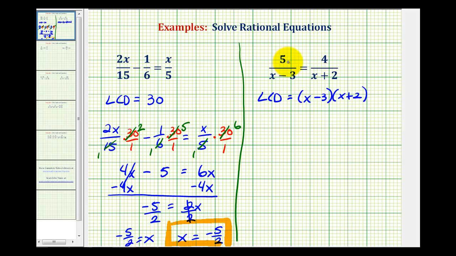So again, we'll start with the original equation. We have 5 over x minus 3 equals 4 over x plus 2. And now we're going to multiply both sides of the equation by this product. So we'll have x minus 3 times the quantity x plus 2 all over 1. And we'll do the same on the right side.